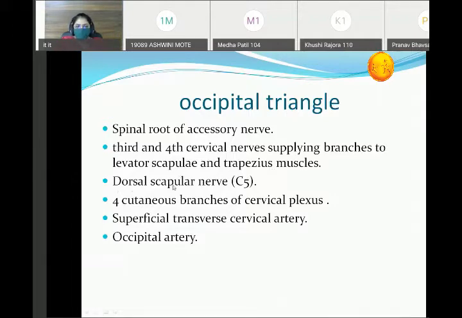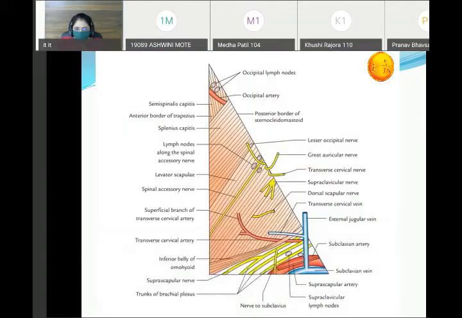Then dorsal scapular nerve. Long back we have studied this nerve in the superior extremity, where you can see this is dorsal scapular nerve or nerve to rhomboids. So it will supply again the levator scapulae and the rhomboid muscle.